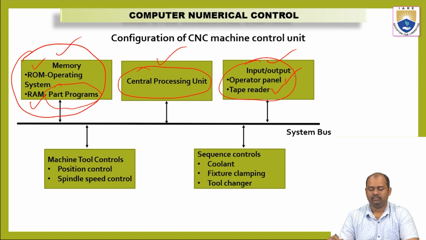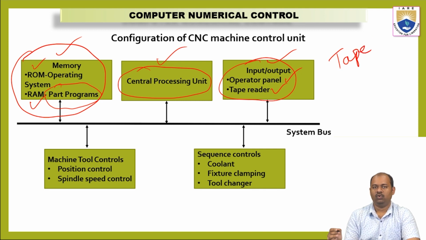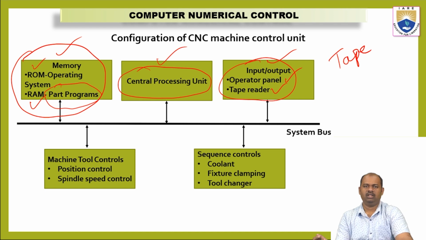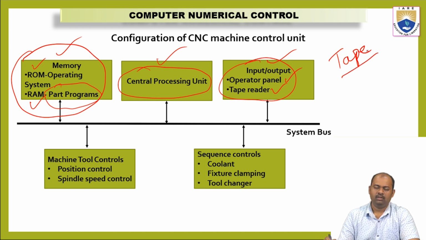And a tape reader. Back in the days, we used to have tapes where we stored the program code. This tape can be inserted into the machine. These tapes were used back in the 1950s or 60s, when floppy disks had not been invented. After tapes, we used floppy disks, and after that we are using hard drives.